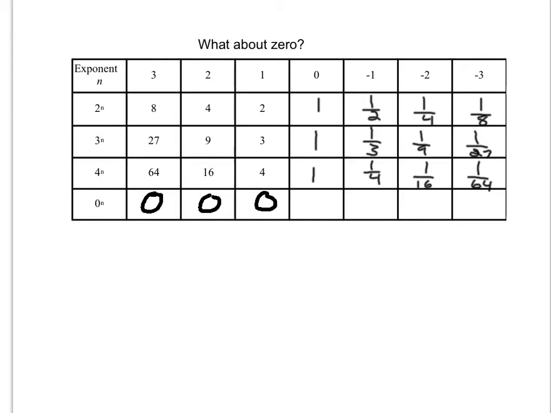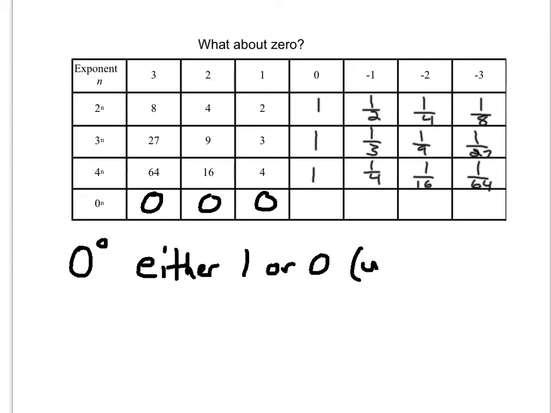We've got anything to the 0 power is 1, but 0 to anything, it looks like, is 0. So, 0 to the 0 power is either 1 or 0. It's kind of undefined.